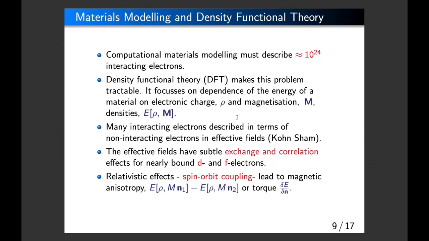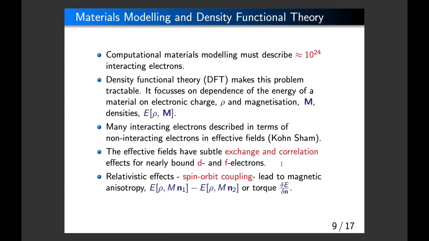So it has a long history. It has the same flavour as a Hartree-Fock description of electrons in the material. These effective fields have all the subtle exchange and other many-electron effects embedded in them. And these are particularly profound or subtle for materials that contain nearly bound d and f electrons, as we have in many magnetic materials.